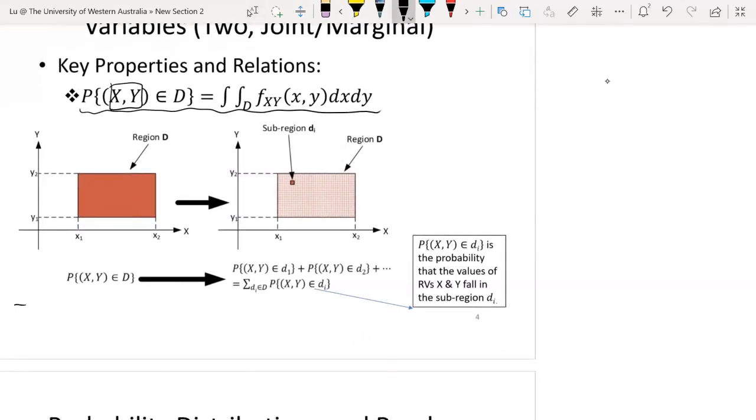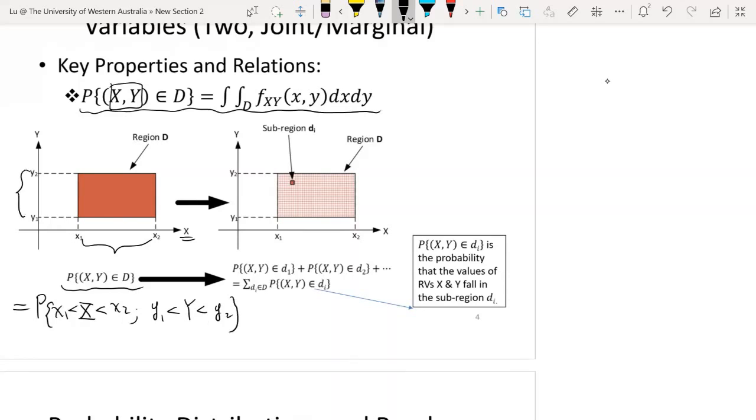In other words, when you evaluate this probability, you are evaluating that the random variable x is within the x1 to x2 region, and also the random variable y is between y1 and y2.